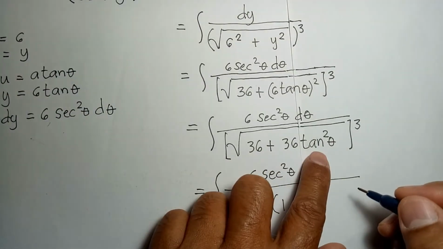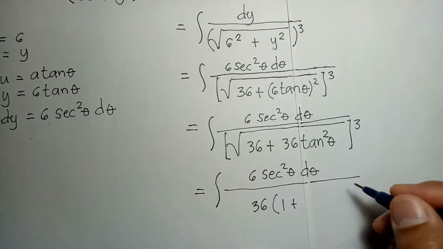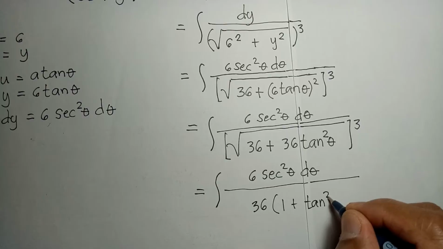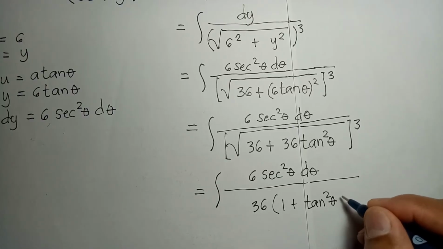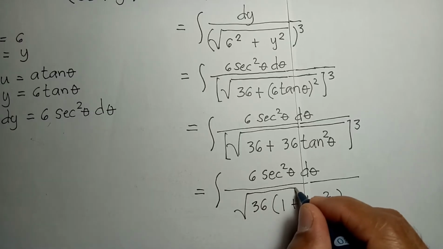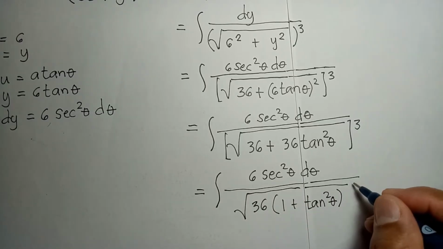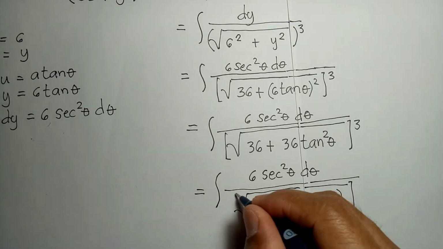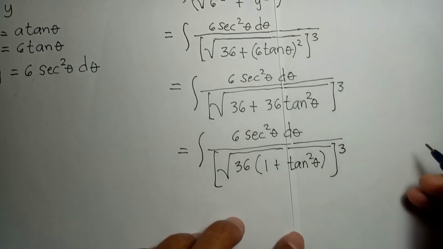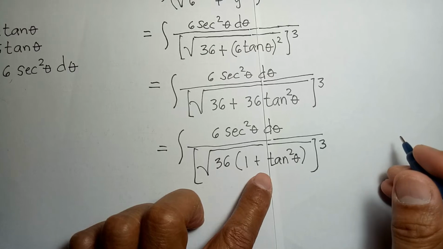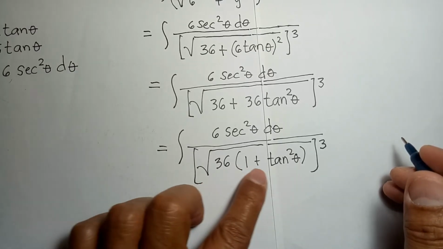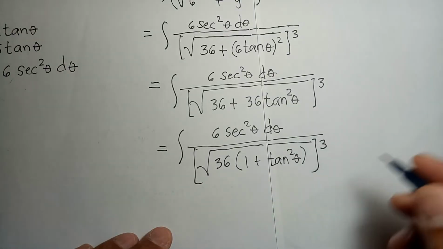At ang natira sa tangent, 36 tangent squared ay tangent squared of theta, no? Tangent squared theta. Nasa loob siya ng square root sign. Tapos, raised to 3. Ngayon, yung 1 plus tangent squared, equal siya sa secant squared. So, papalitan natin ito ng secant squared.